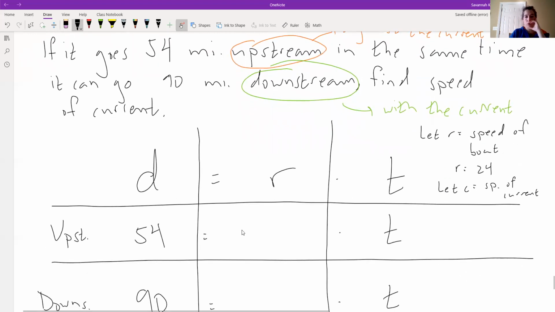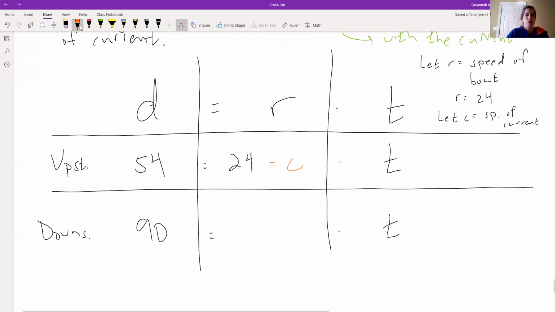If I'm going upstream, I have my 24 miles an hour that my boat can go, but I am fighting the current. Upstream, I need to actually subtract the current. The current is slowing me down. Me and the current are working against each other.